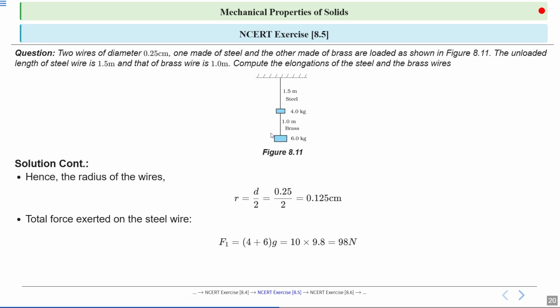So the total mass is 10 kilograms, 6 plus 4. Using the formula F equal to mg, where g is the acceleration due to gravity. Substituting the values, total mass 4 plus 6, which is 10, into g. So 10 into 9.8 is equal to 98 Newton.